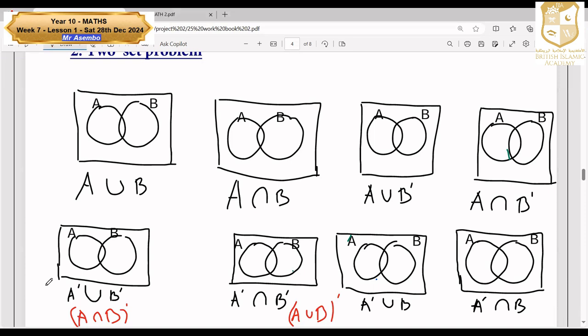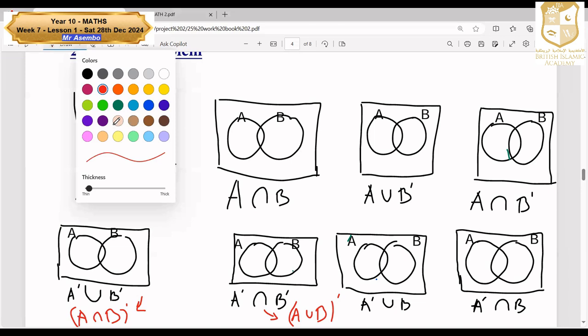We are not going to repeat these two, we shall only try and prove them. So if you shade this one or this one, both are going to give you the same result.